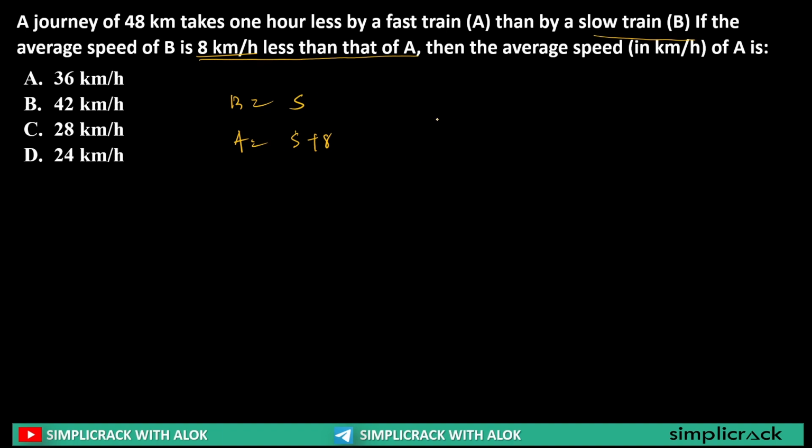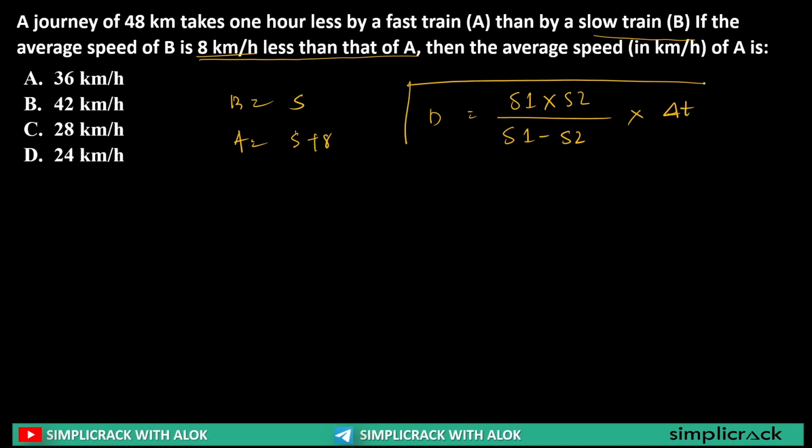Now, what we know from the formula: distance is equal to the speed of the first train into the speed of the second train divided by the difference of the speeds, into the change in time. Okay, that is the formula we know.